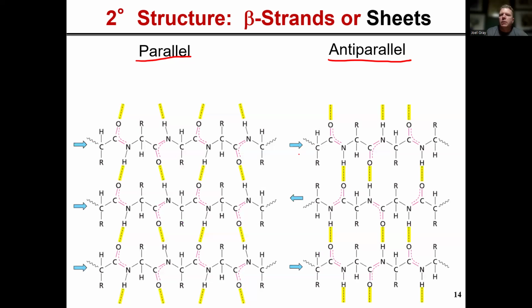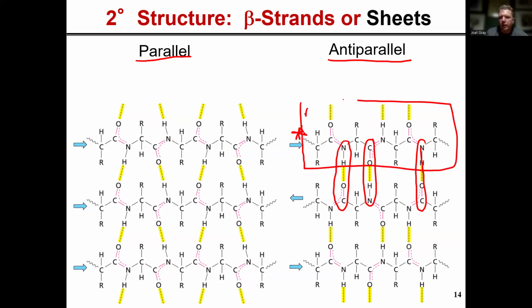Now, the anti-parallel beta sheets, we still have an amide and a carbonyl, amide and a carbonyl that establish a hydrogen bond, okay? Now, what I want you to visualize here is this whole thing right here, that thing right there. That's a polypeptide that looks like this, okay?